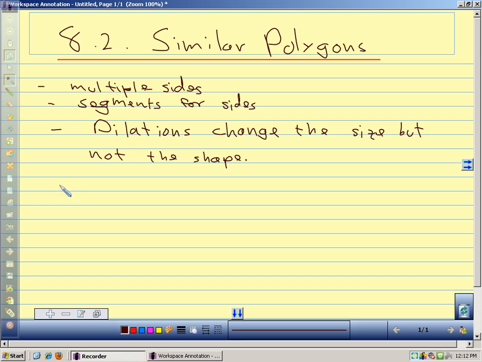If one shape is a dilation of another, we call them similar. So that is going to be one of our big ideas from this chapter. Similar shapes are dilations of each other.